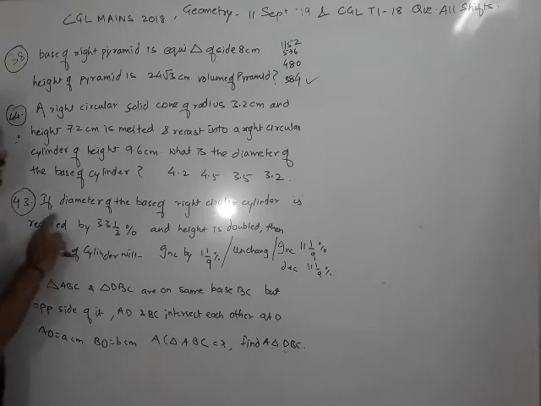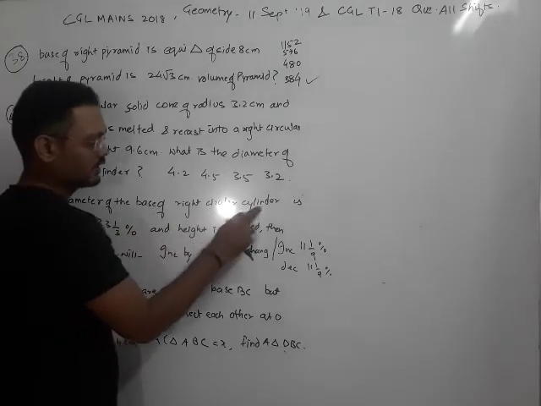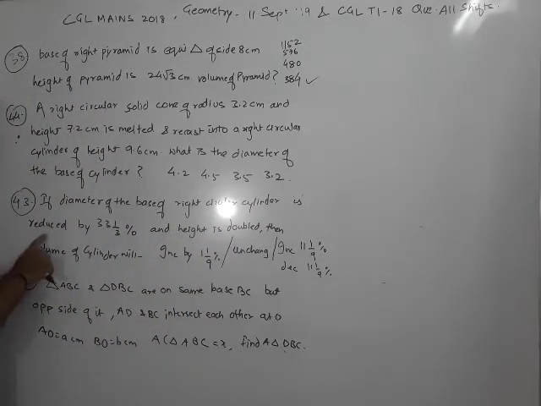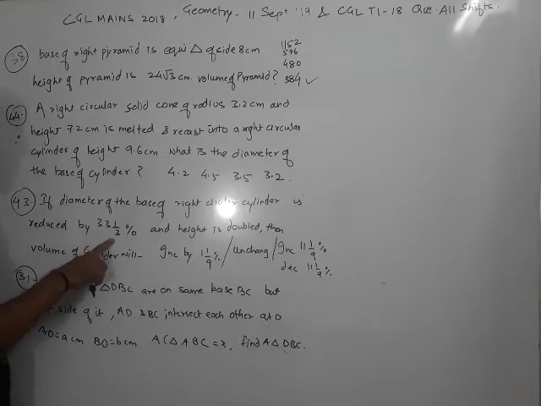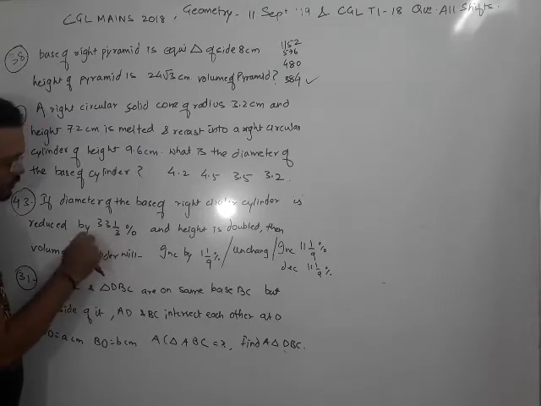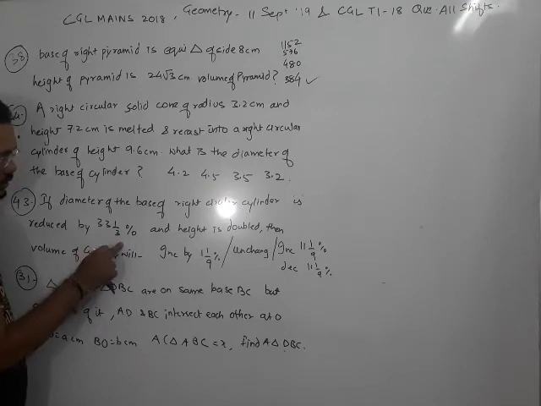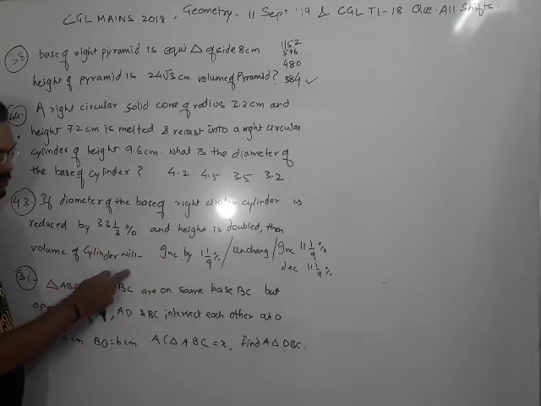43. If the diameter of base of right circular cylinder is reduced by 33.3%, 1 upon 3 is nothing else but 0.33. Okay, so whatever, reduced by 33%, height is doubled, then volume of the cylinder will be what?